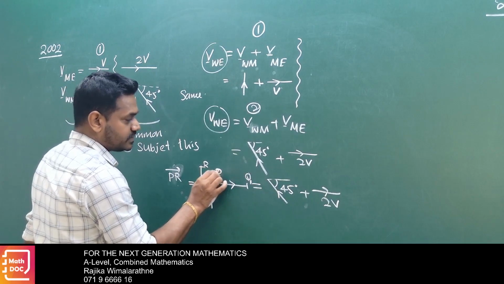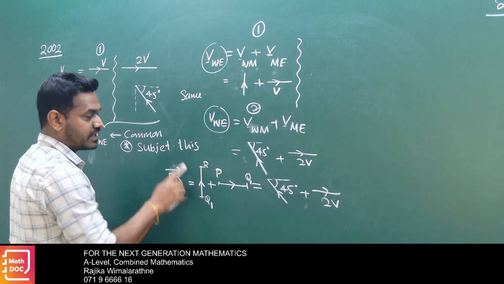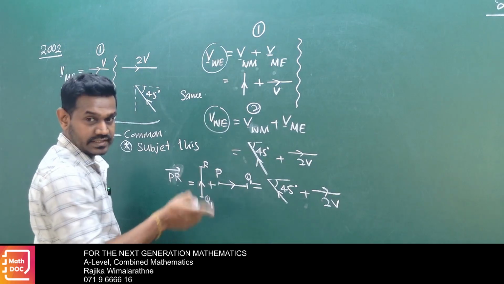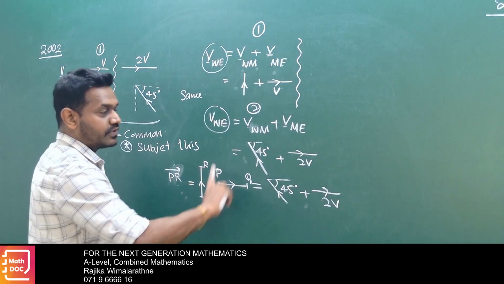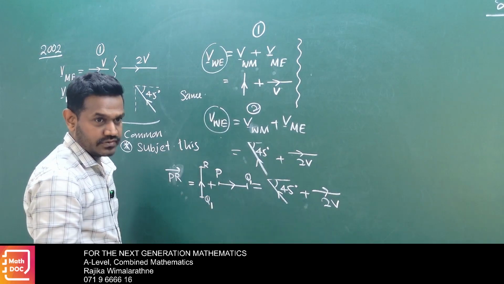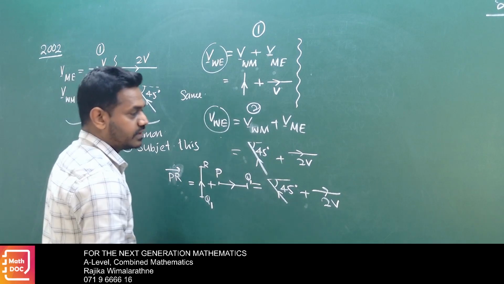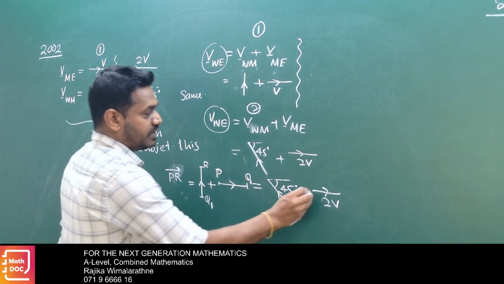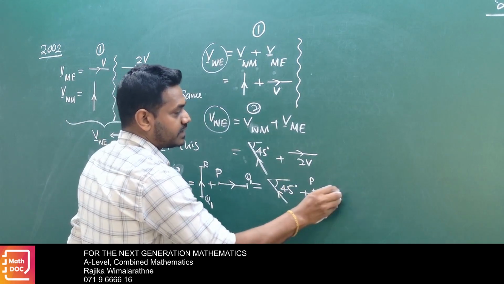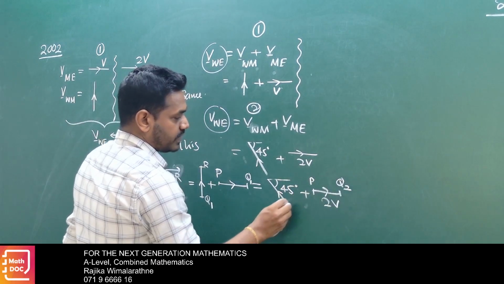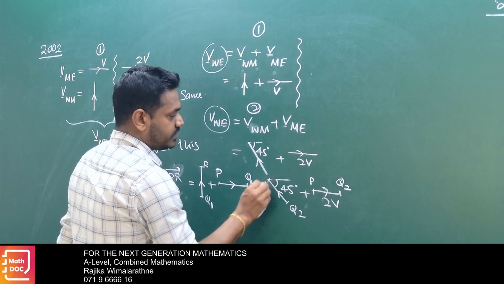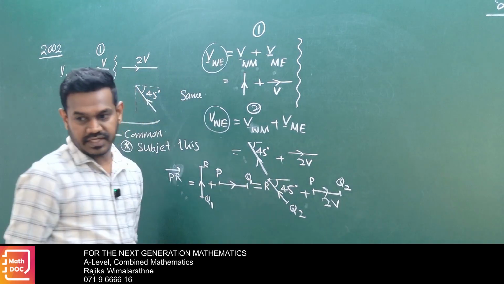For two cases, the resultant PR won't change. Two cases, PR common. Then for two cases, definitely we have to change Q. Otherwise, they won't be different, no? Then here put Q1, then here PQ1. Similarly, P won't change. Take here Q2, then here Q2, this will be R. Likewise, you put the PQR notation.